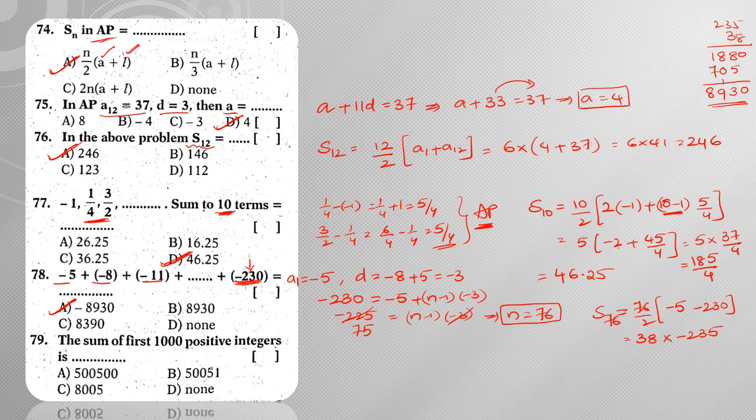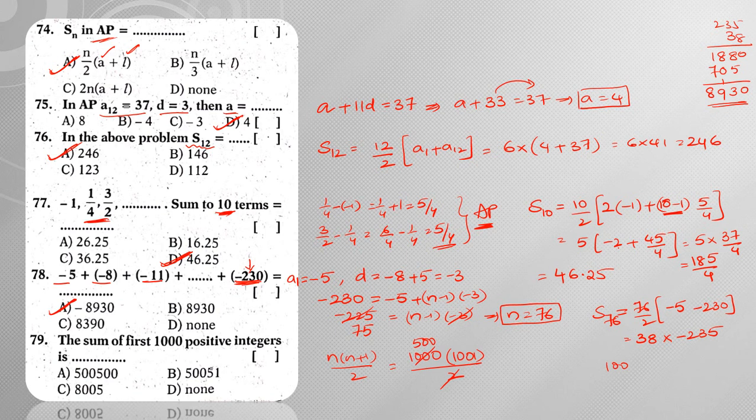Next, sum of first 1000 positive integers. Sum of first 1000 positive integers means directly we have a formula. What is that? n into n plus 1 by 2. When I substitute the values, I can write this as 1000 into 1001 by 2. Now in 2 table, this goes 500 times, 500 into 1001.